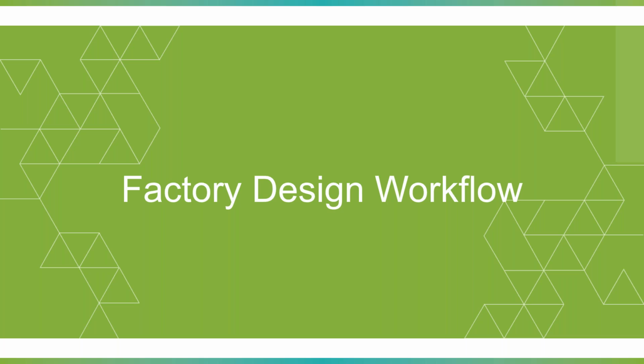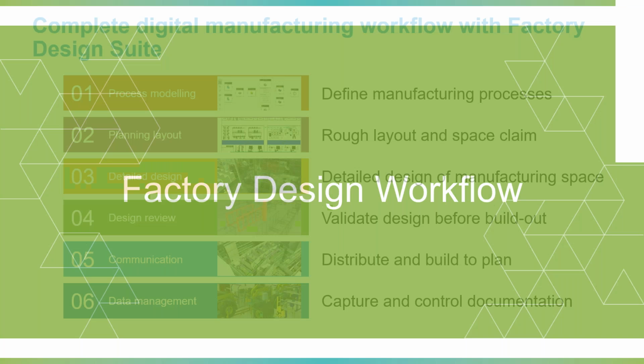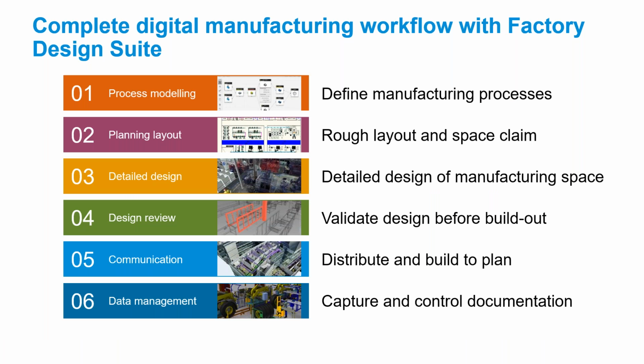So now whenever your design is done, the next thing to do is going for production. There are various ways by which I can start my manufacturing workflow. You have to start defining your process. Then you have to start planning your entire layout in terms of its space, in terms of its different equipments and machines that come together within the factory.